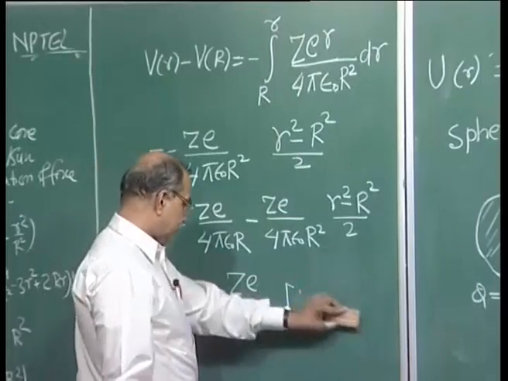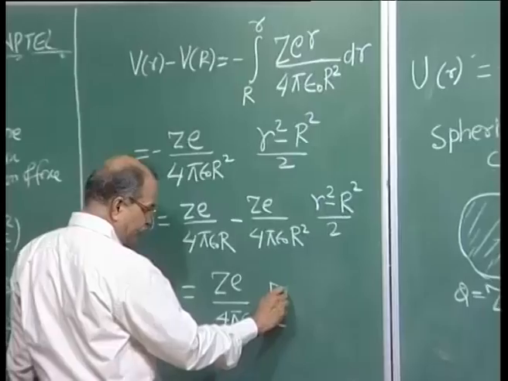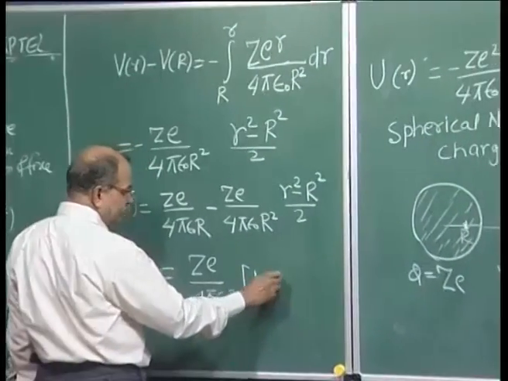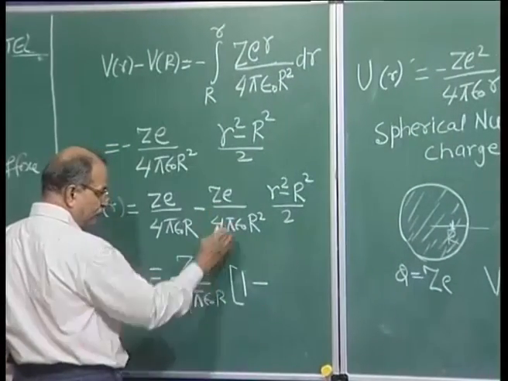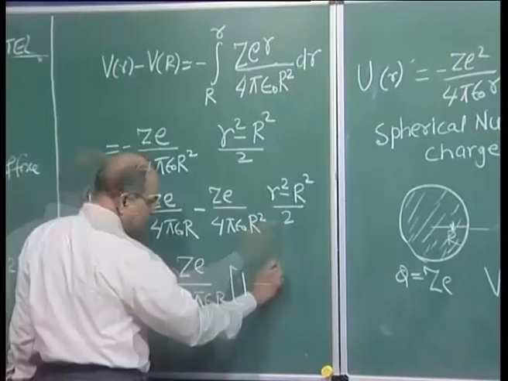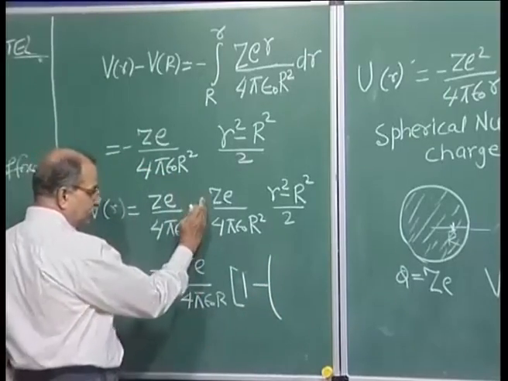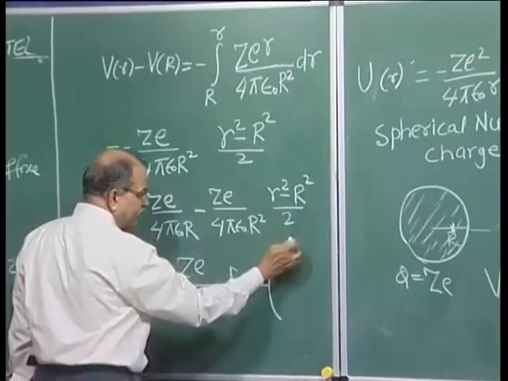What is this? So, this I have taken common. So, 1 will be there minus, and then Ze I have taken, 4 pi epsilon naught I have taken, R I have taken. So, one R will be there. Okay. Let me take this bracket, so that this minus is outside and then this bracket.